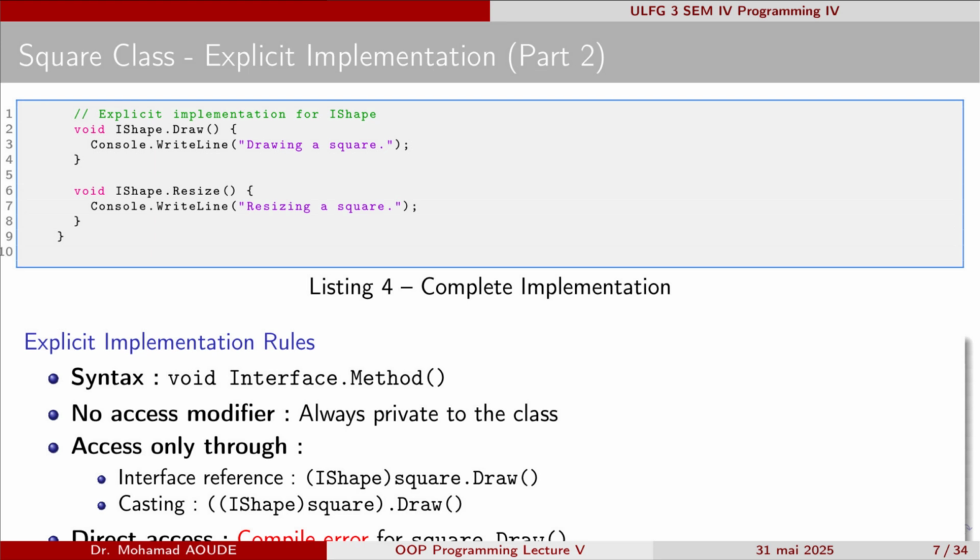These methods are effectively private to the class unless accessed through the specific interface. You can only access these methods through an interface reference. For example, you'd need to have an IShape variable pointing to your Square object and then call Draw on that IShape variable. Trying to call mySquare.Draw directly on a Square reference will result in a compile error if Draw is only implemented explicitly.